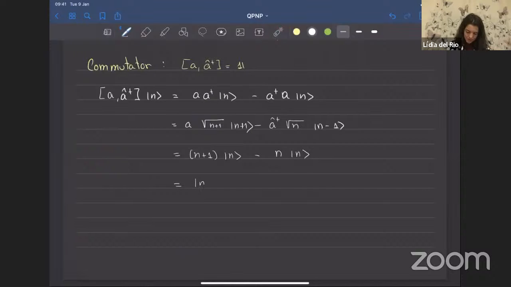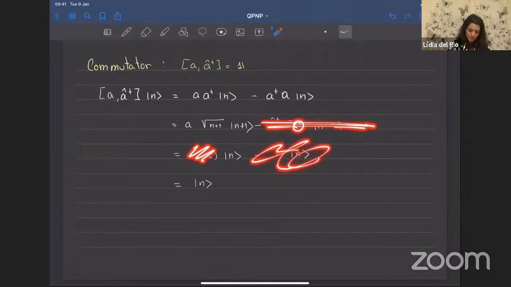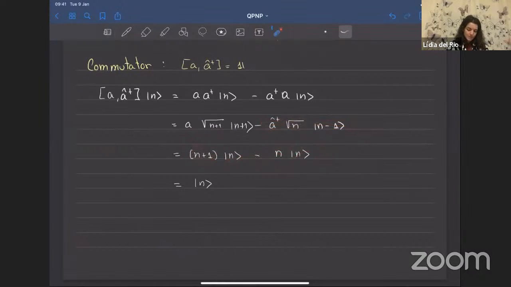The only case that would be more tricky is if n is 0, but then this is not a problem because this becomes 1, this is 1. So this is 1 overall. And in this case, we have 0 here, so this term goes away. But the surviving term is already just 1 times |0⟩. So it also works here. Yeah. Okay.